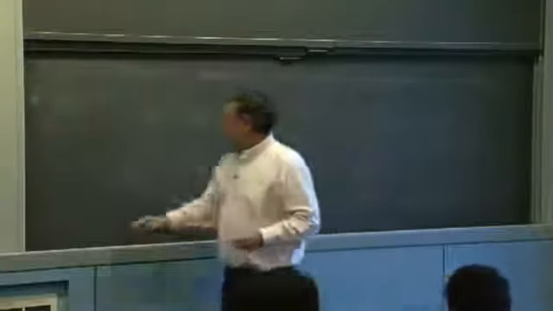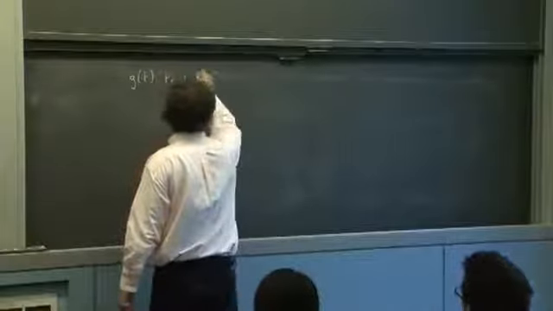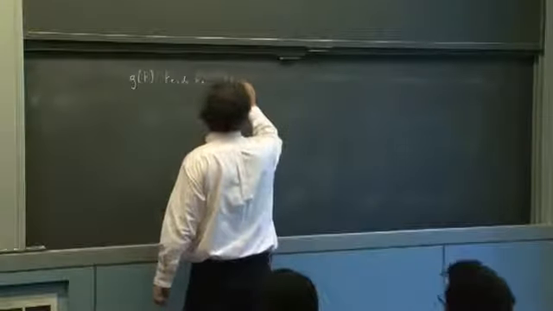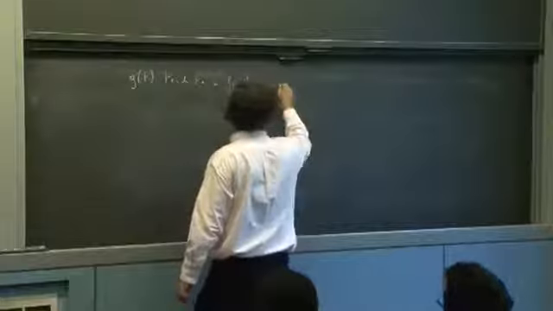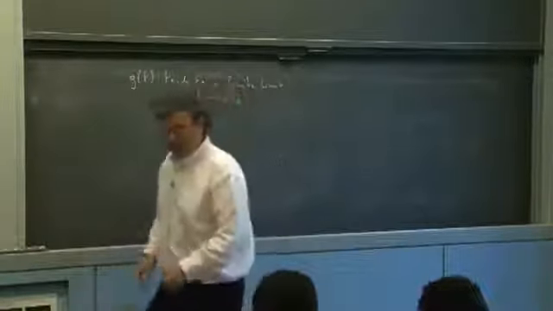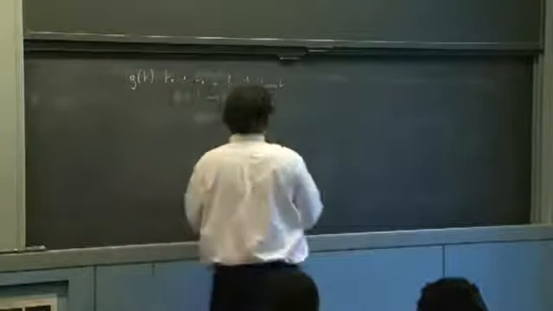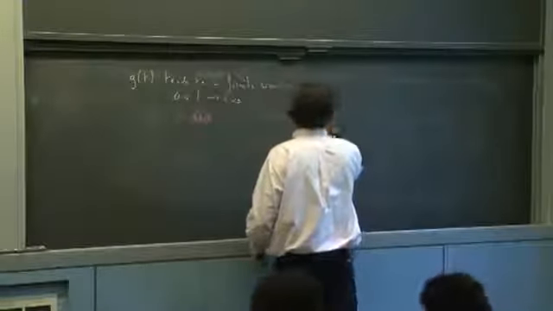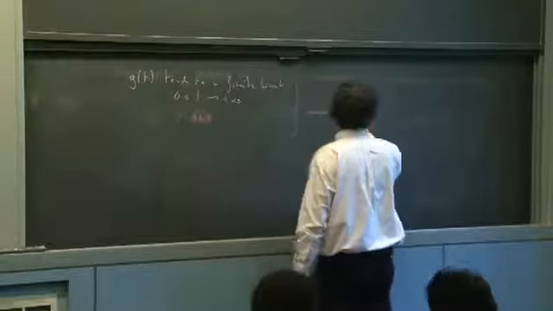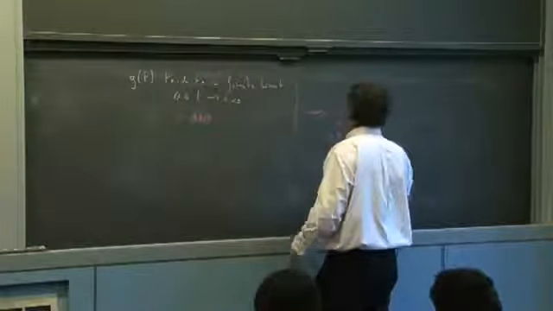In other words, it says, suppose I know that g of t tends to a finite limit, as t tends to infinity, of course, and I add some extra condition, then this implies that g dot tends to 0 as t tends to infinity.